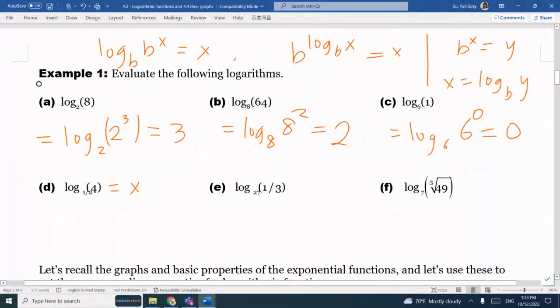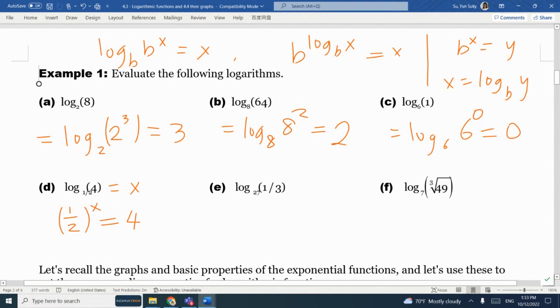So this means 1/2 to the what is the exponent? x. See, b to the x. The x equals what? Equals 4. Is everybody okay with that?